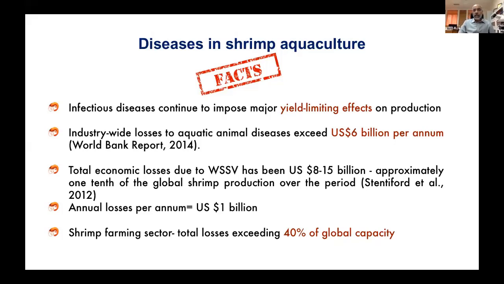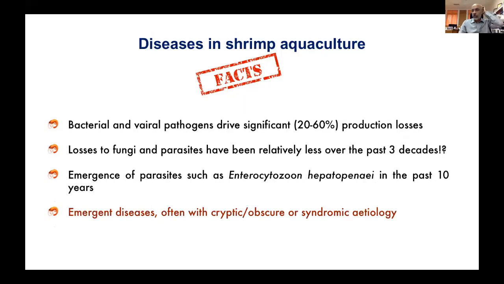White spot syndrome virus continues to be a serious problem even today, not only in India but globally. Annual loss is 1 billion, and the shrimp farming sector's total loss exceeds 40% of the global capacity. So that's a huge economic loss caused by infectious diseases.